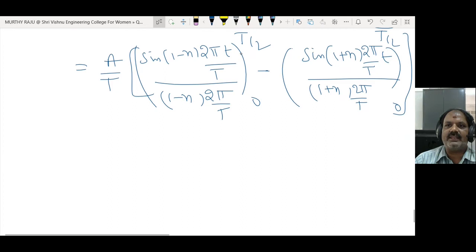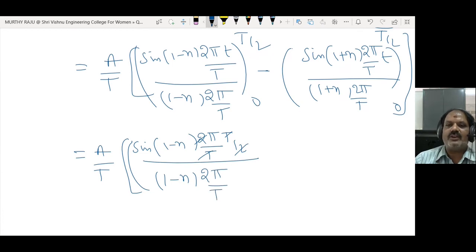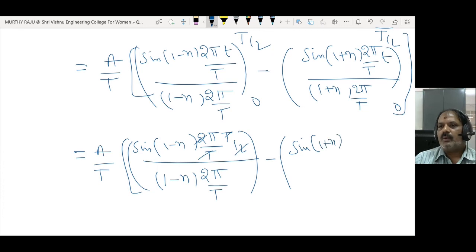Substitute small t equal to T by 2. That is equal to A by T, sine of 1 minus n 2 pi by T, where the value is T by 2; T cancels, 2 cancels, over 1 minus n 2 pi by T. This is the upper limit. For the lower limit, sine 0 is 0. Minus sine of 1 plus n 2 pi by T, small t is T by 2, substitute the upper limit.